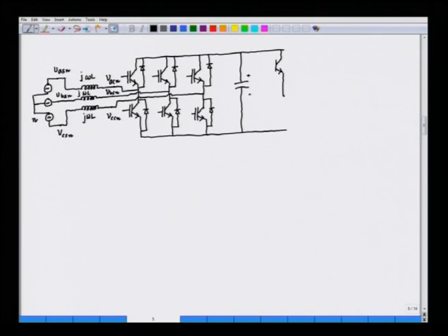We have an IGBT inverter here having 6 IGBTs. We have the third leg also here. These are the feedback diodes which will facilitate bidirectional current into the windings.